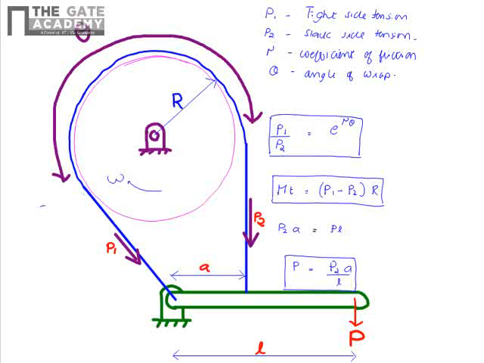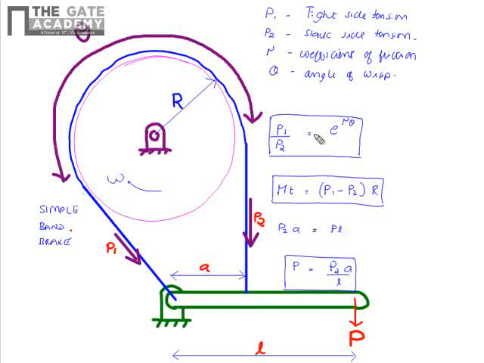So this is called a simple band brake. It's called a simple band brake because one end of the steel lining is passing through the fulcrum of the actuating lever.